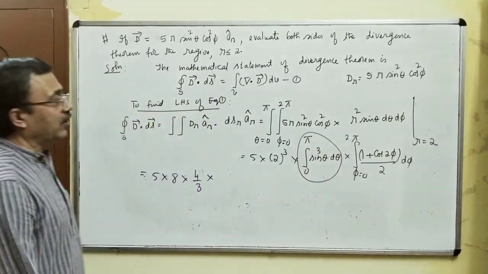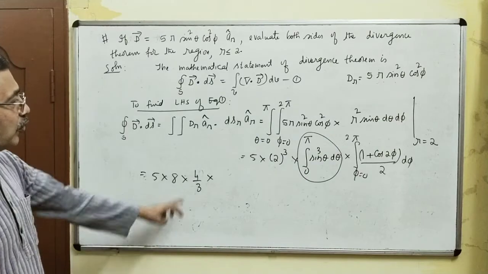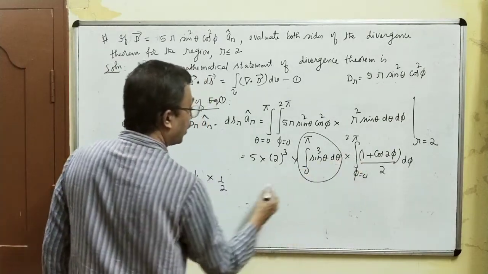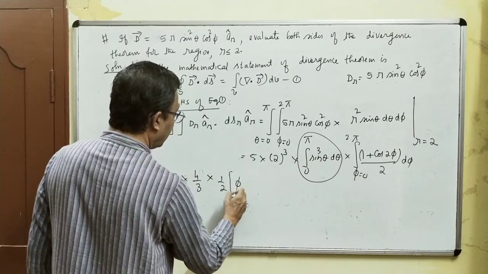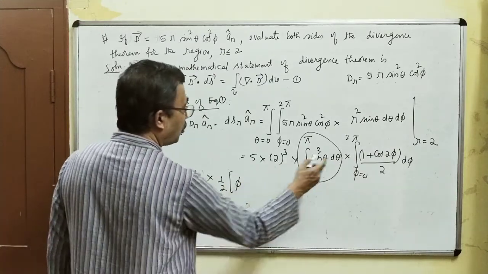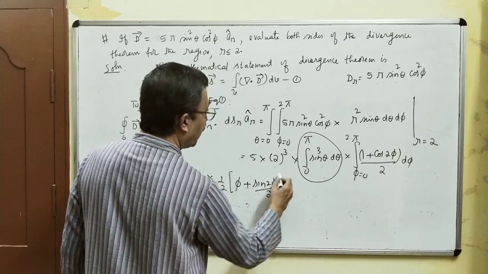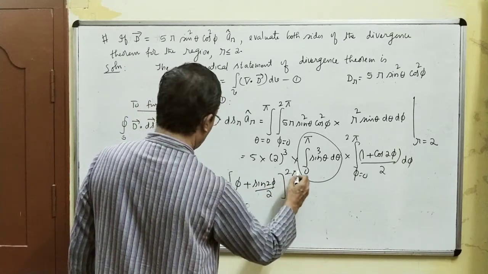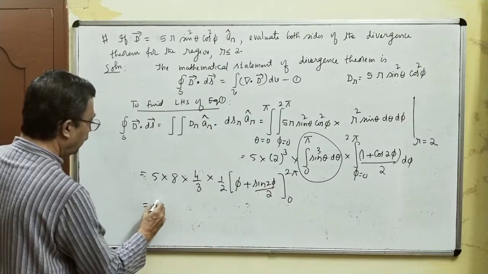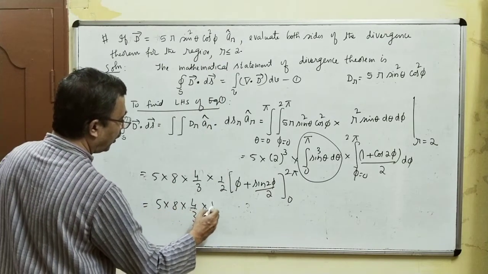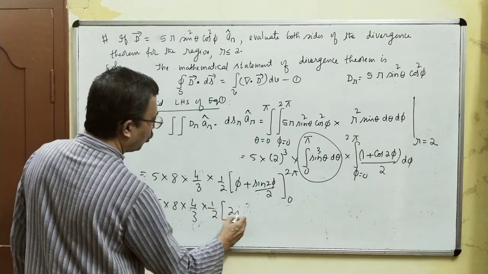Integral 0 to pi sin cube theta d theta is 4 by 3 into half. If you integrate 1 with respect to phi, you get phi. Cos 2 phi, if you integrate, you get sin 2 phi divided by 2 between 0 and 2 pi. So this is 5 into 8 into 4 by 3 into half into 2 pi.